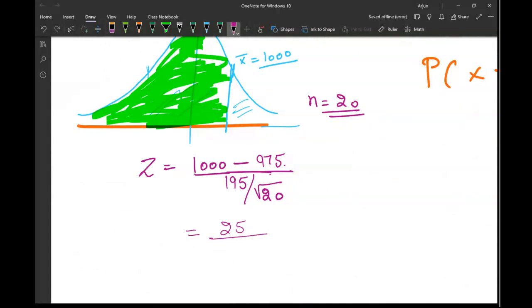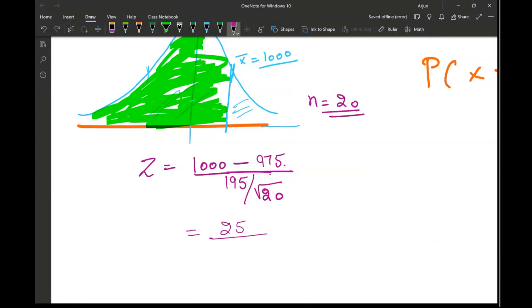First I'll do the math on 195 divided by the square root of 20. Whoops, my calculator isn't working.